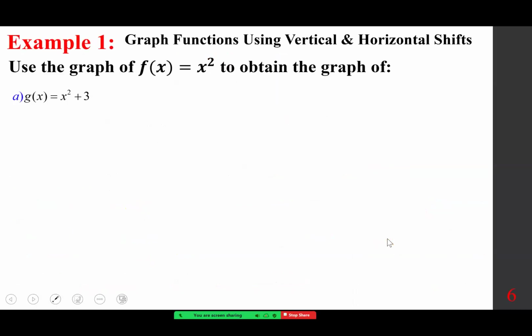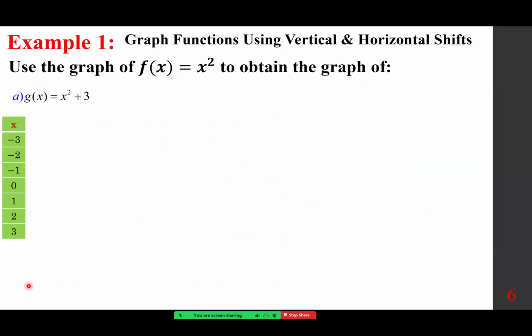Now, let's look at this simple function everybody is familiar with, f of x equals x squared. Using that, we want to end up with g of x equals x squared plus 3. One way to look at it is to look at a bunch of points. Let's pick easy points.